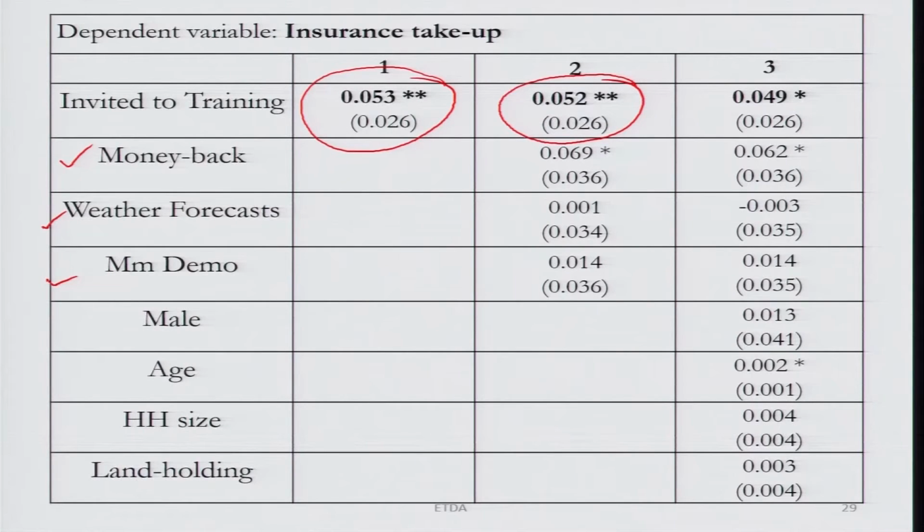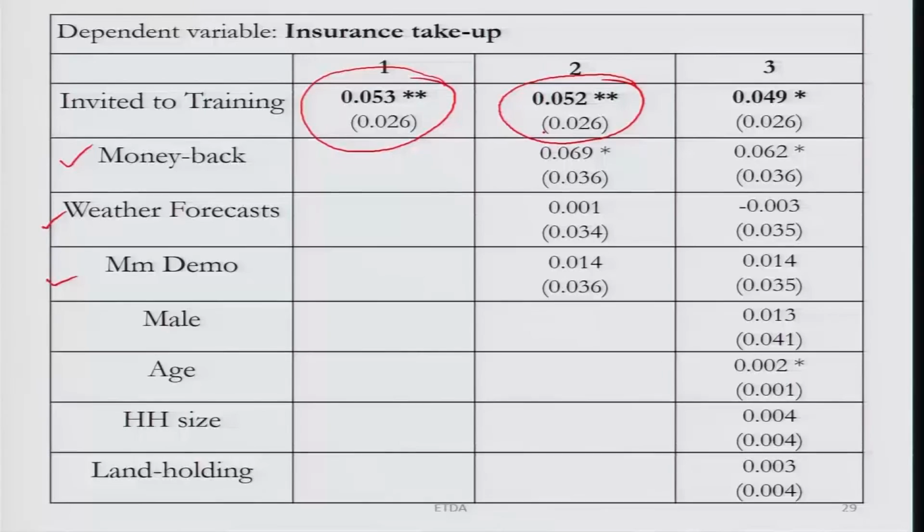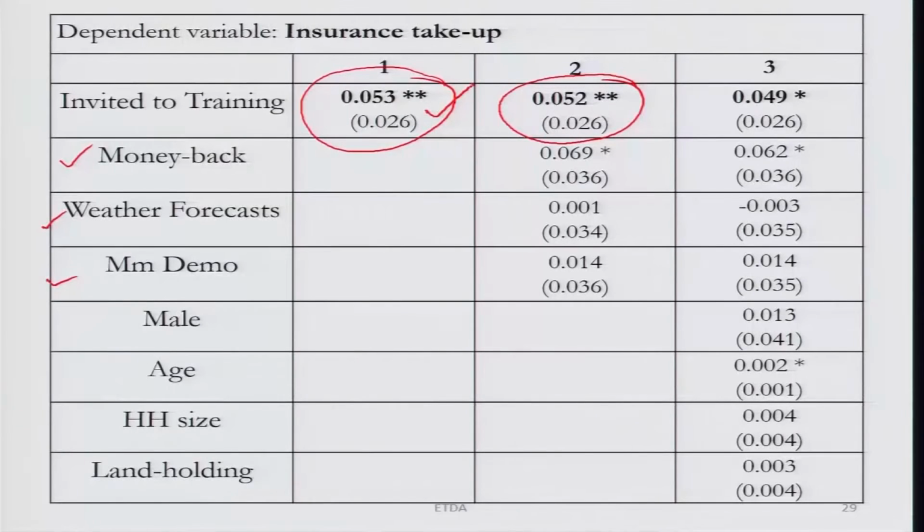Because if invited to training has been randomly assigned, then you expect no other variable to have an impact or bias the estimates of this particular variable or bias these coefficients. The reason is because it was randomly assigned, it satisfies the conditional independence assumption and there is no selection bias. So, what you have estimated in column 1 is indeed the true parameter or the true effect of invitation to training, and if that is the true effect, it should not vary in the other columns where you include more and more covariates. Okay. So, it is an unbiased coefficient.